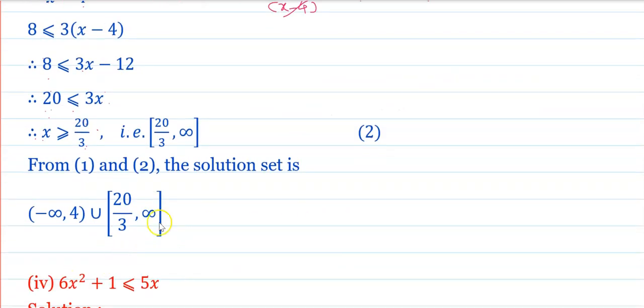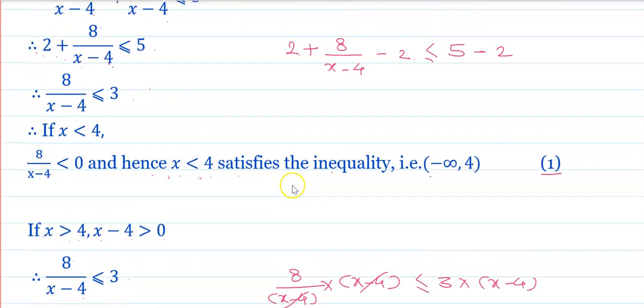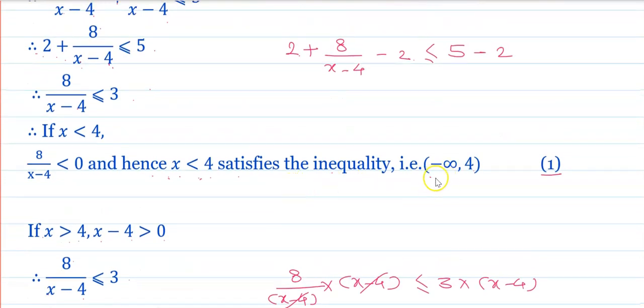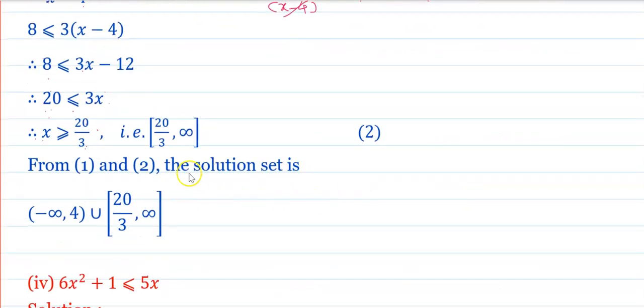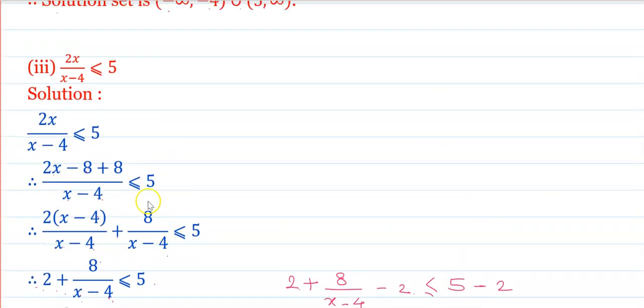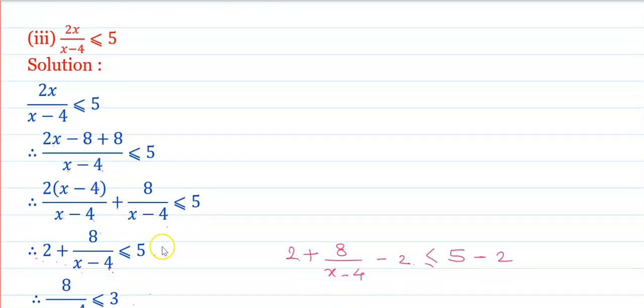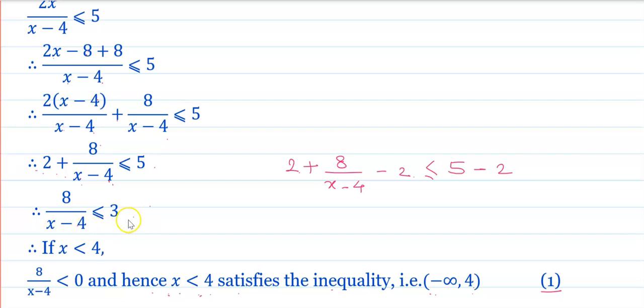And hence from 1 and 2, the first solution set is minus 8 to 4, and the second solution set is 20 upon 3 to infinity. This is the closed one. Okay. Again you can see here once. First of all, simplify this. Add plus and minus 8. Separate it. Then you will get the inequality like this.